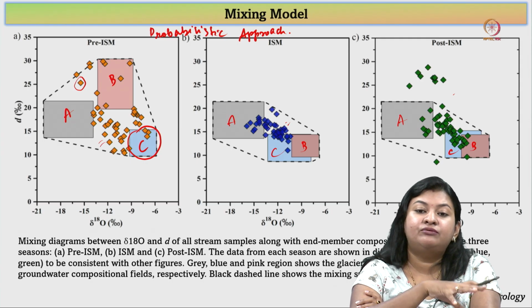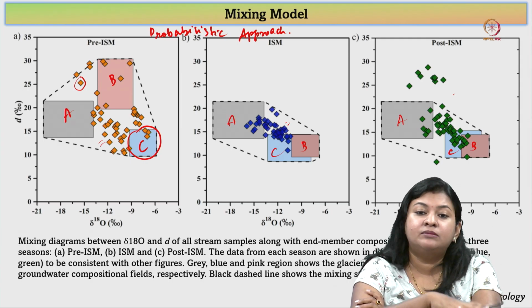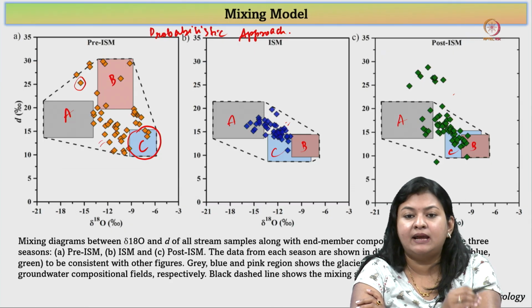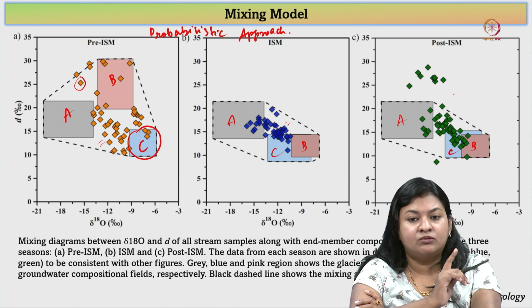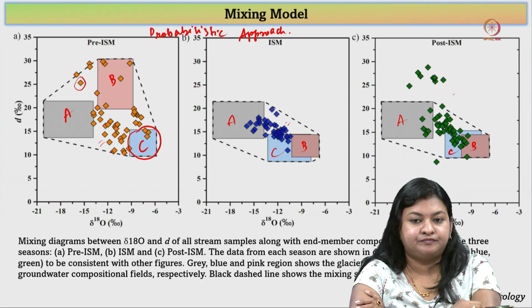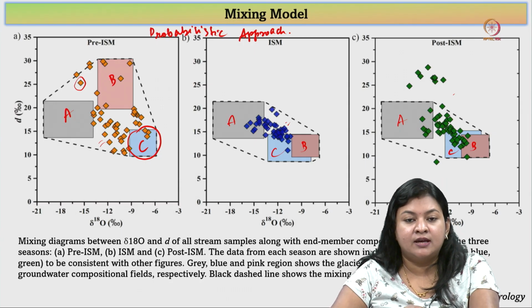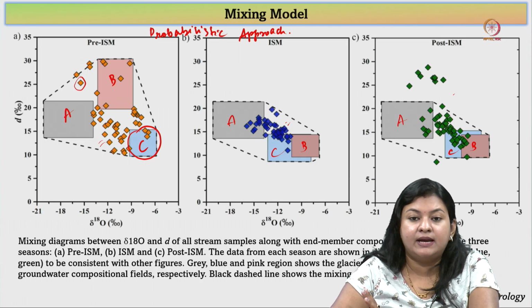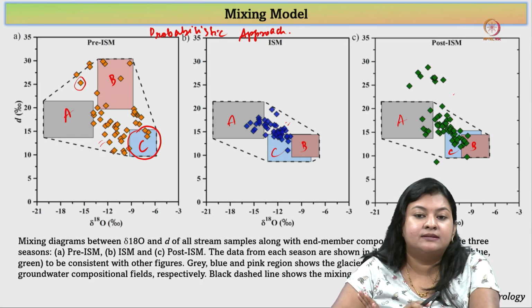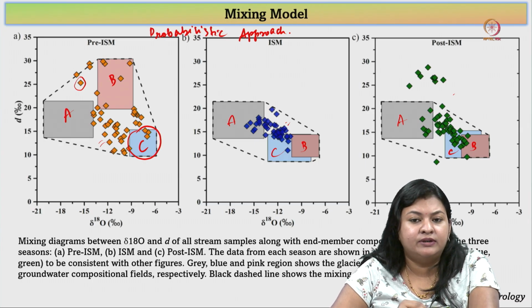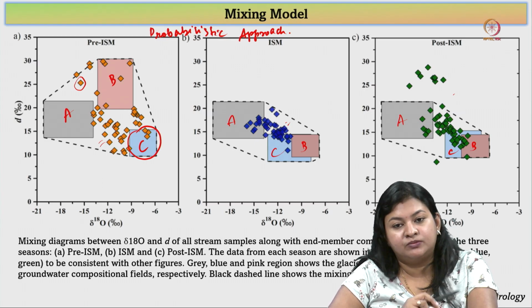Do you understand the difference between deterministic and probabilistic? In deterministic, we are fixed with the end member composition. Every time I do the calculation, it is done only once, with a single value of that end member. In a probabilistic approach, I am giving a natural range of variability. I know that every water has a certain range of natural variation, and I do not have the confidence to settle on a weighted average value.